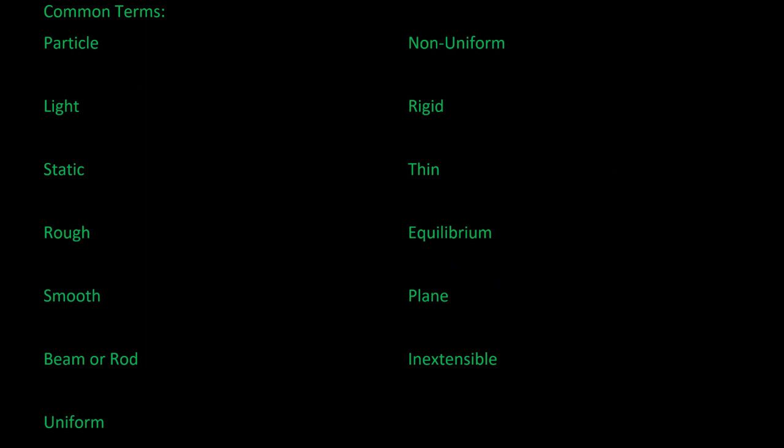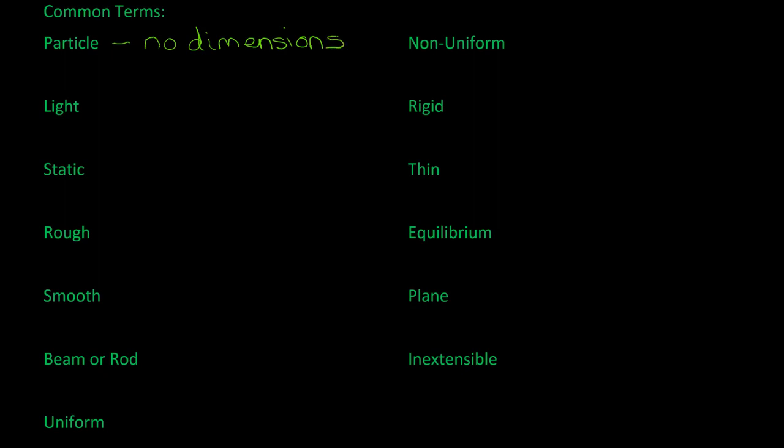Going to look now at the common terms that you need to be aware of in connection with working with forces, diagrams and problems. When it says that it's a particle, then it means that it has no dimensions, no width, height, length. So it's treated like a little dot.